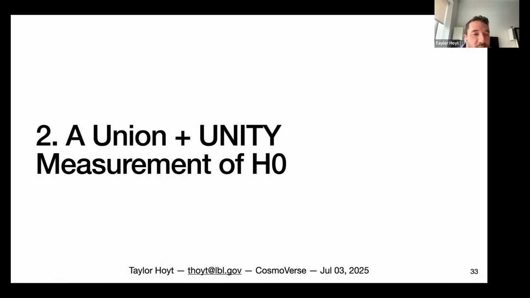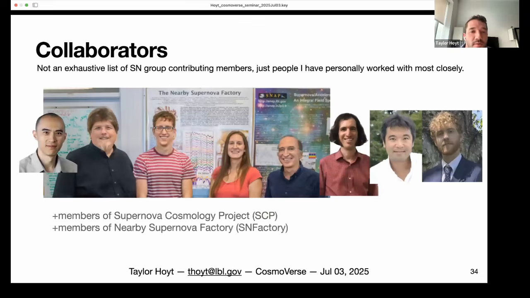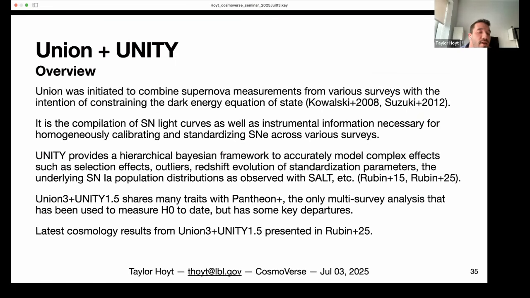And so I really want to get into the supernova work that I've been doing with my collaborators associated either previously or currently with Berkeley Lab. What we're working on is incorporating H naught into the Union Unity framework for doing supernova cosmology. This has two separate pieces.